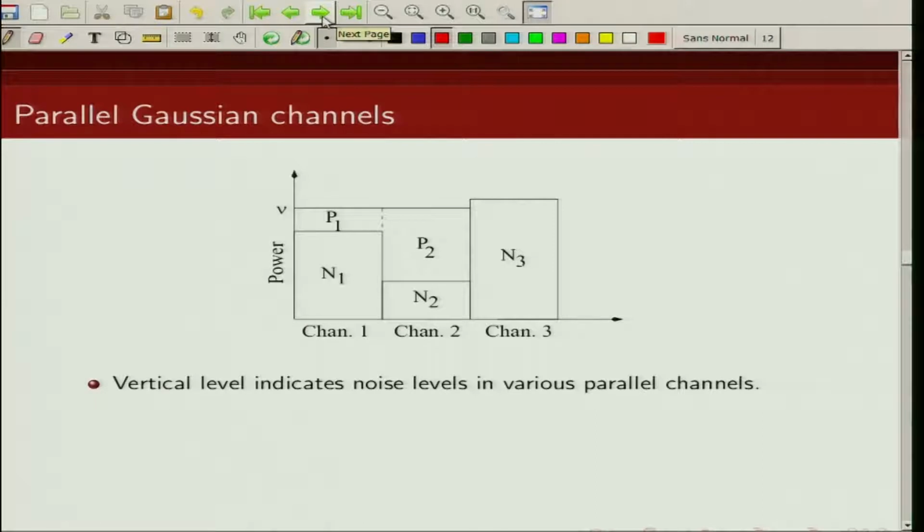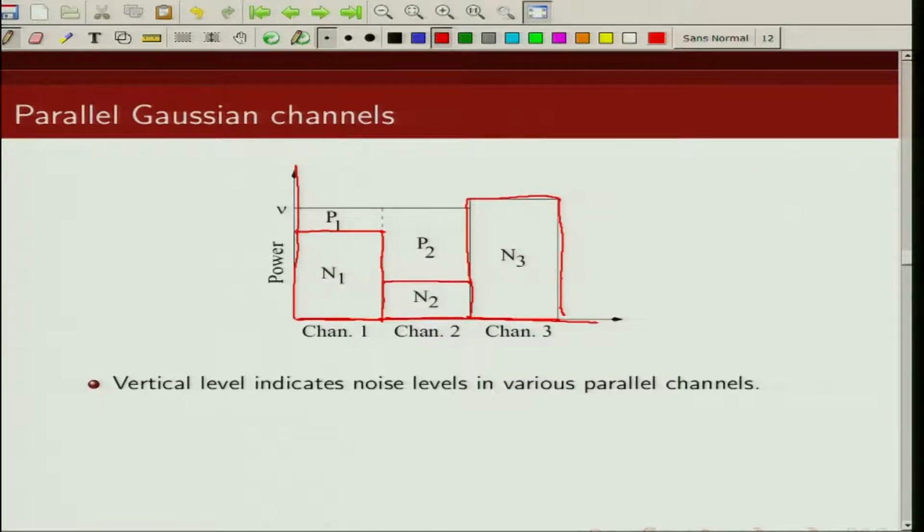Now this can be visualized in this fashion. Let's say on the x axis I am plotting these k channels. I have channel 1, channel 2, channel 3, like that, and here I am plotting power. So initially I plot the noise power. If you see this level is high, it means the noise level is higher. So the noise level of N1 is more than N2, but it is less than the noise in channel 3.